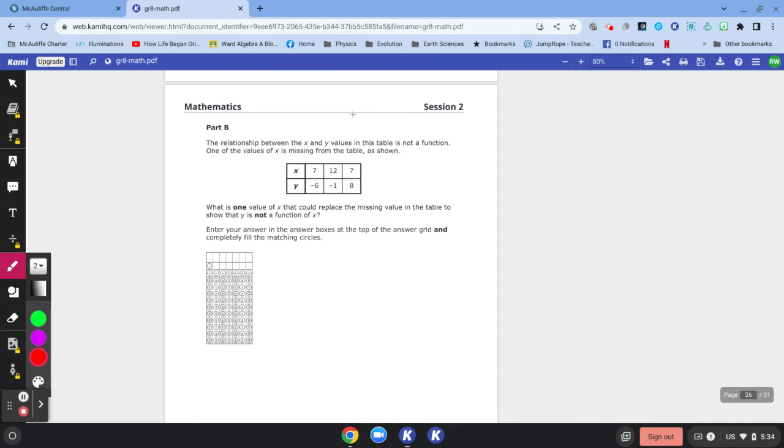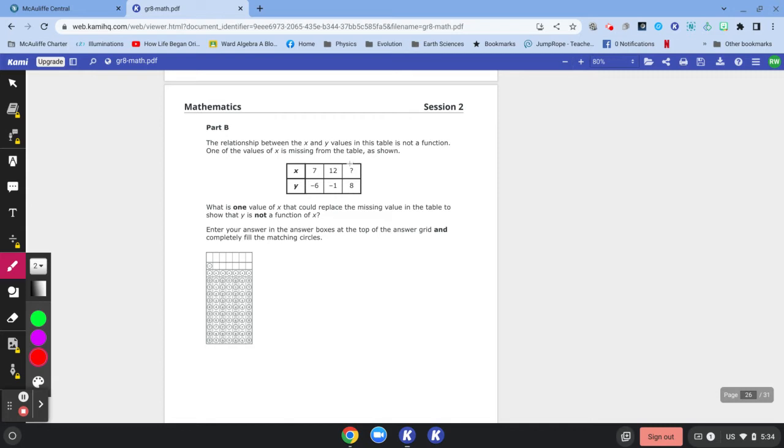Now, part B says the relationship between the x and y values in this table is not a function. One of the values of x is missing from the table as shown. Well, here's the thing. These two x values, we don't use any x values more than once. So without that last x value, it's currently a function.